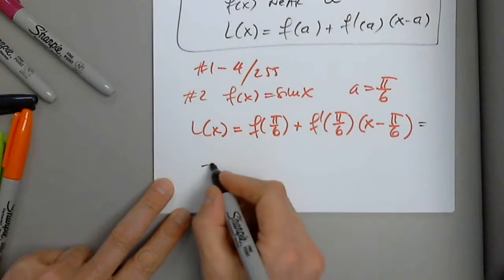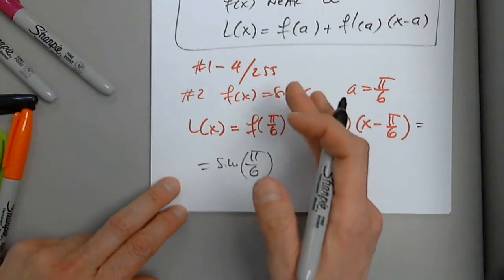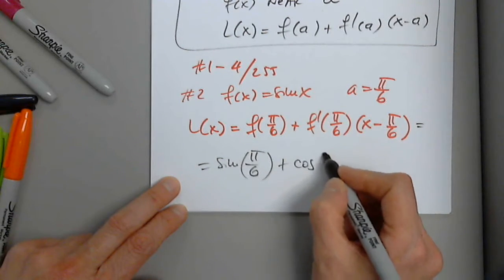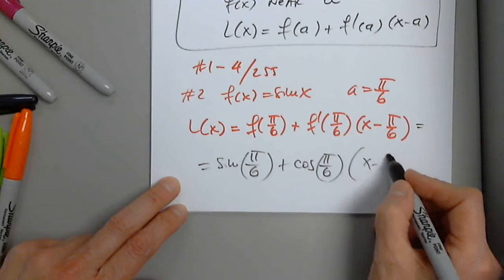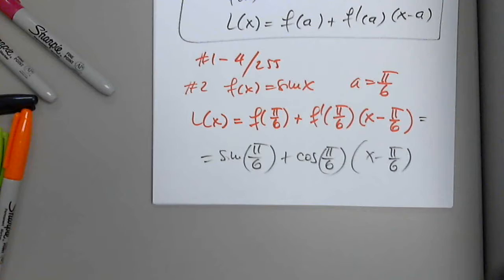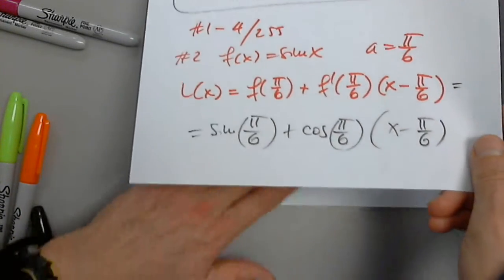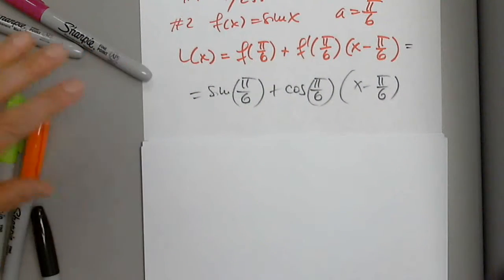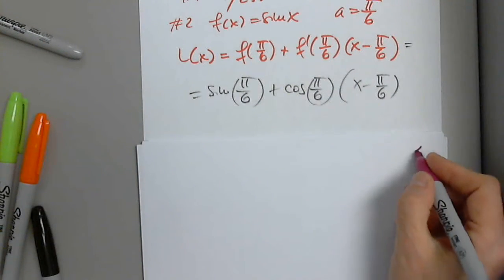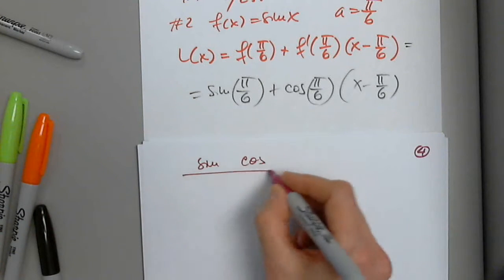So let's continue with writing sine pi over 6. I know f prime is cosine, so plus cosine pi over 6 times x minus pi over 6. Let me refresh our memory on the trig function values. I think we did this before, but let's do it one more time. So we have sine and cosine.